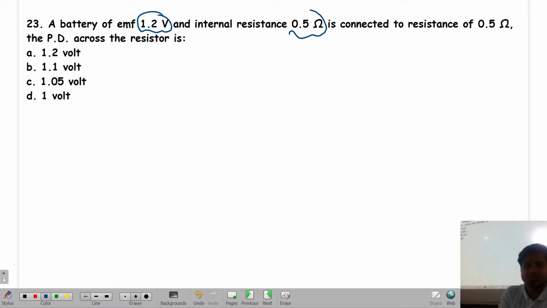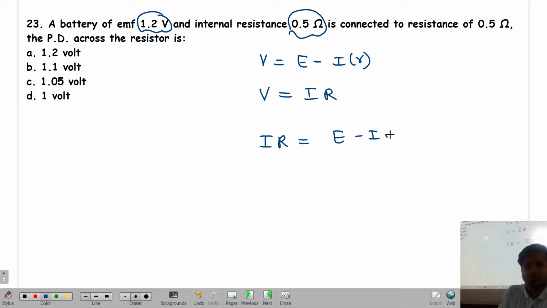Internal resistance is mentioned. So V is equal to EMF E minus I into internal resistance r. Another formula is V is equal to I into capital resistance R. So I can put now I into R is equal to EMF E minus I into small r. I need to calculate.